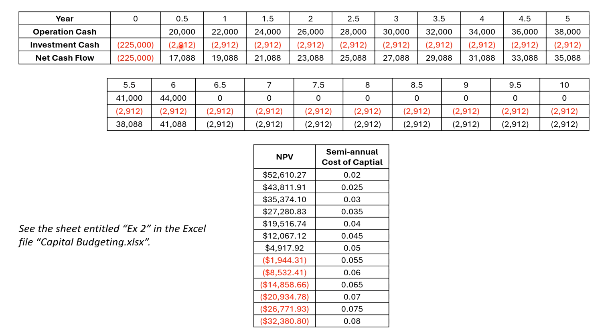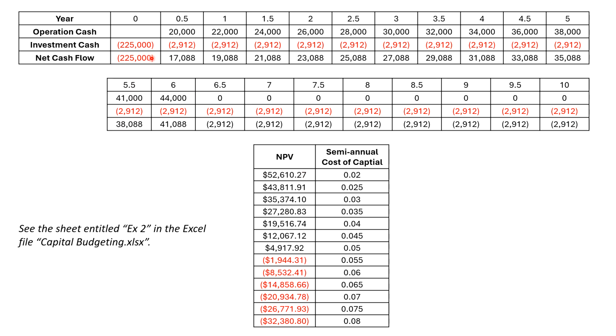You put those into row number 3 under investment cash, and they're all negative. And then you just add the operational cash and the investment cash, and you get these net flows. And that's what you use in the NPV formula.